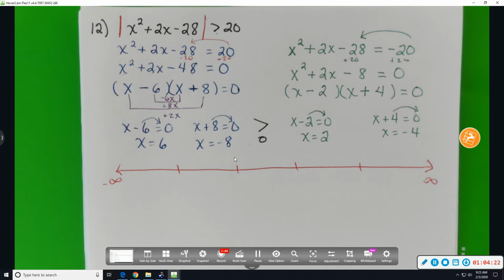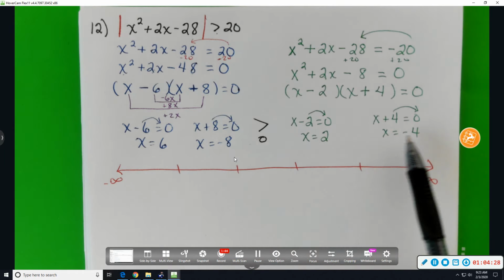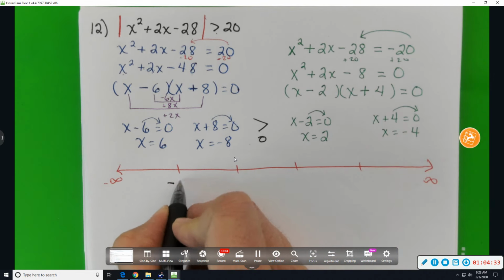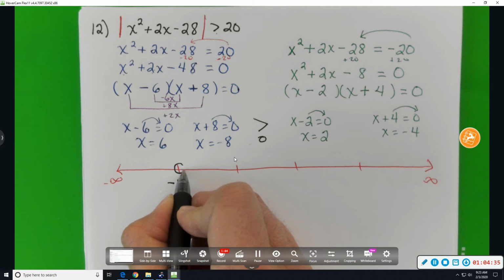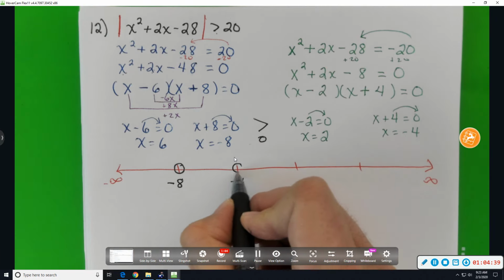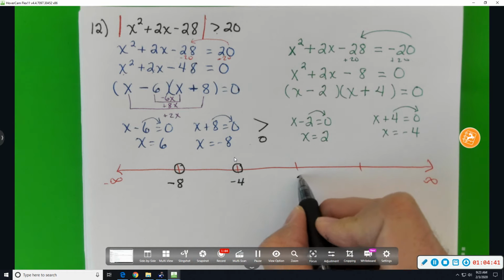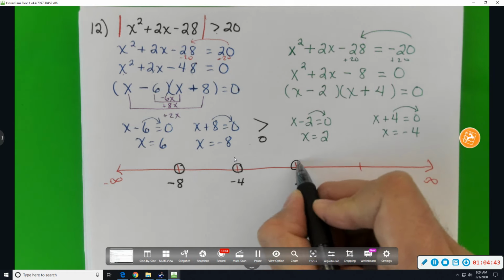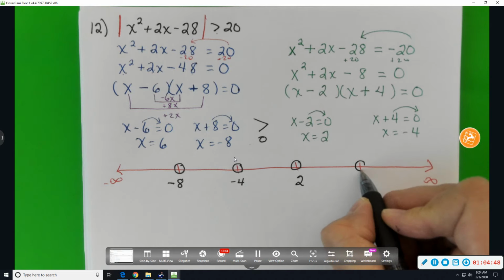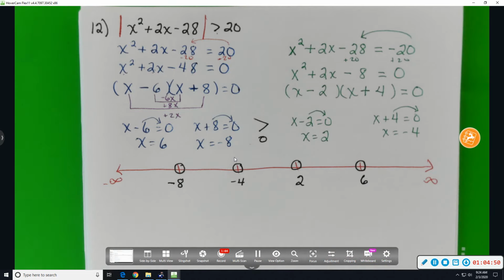So which one would be furthest to the left? Here are the numbers I'm looking at. 6, negative 8, 2, negative 4. So what goes here? Negative 8, and then negative 4, and 2, and 6.